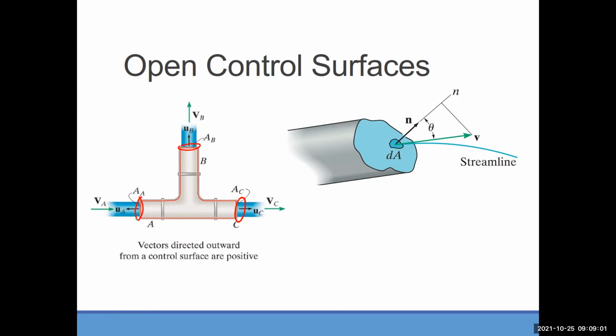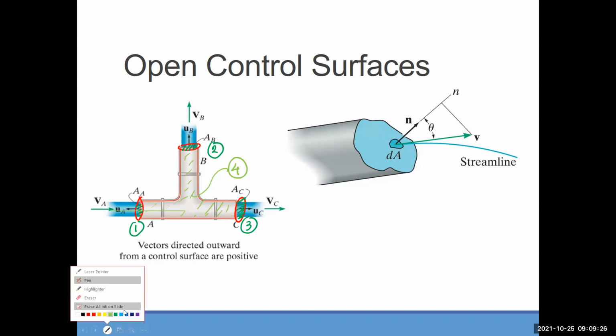This one is one, right? Okay, one, this one is two, this one is three, and this one is four. So we have four control surfaces here.